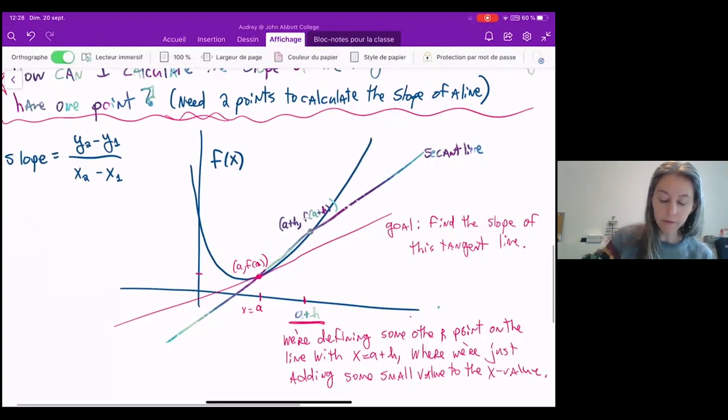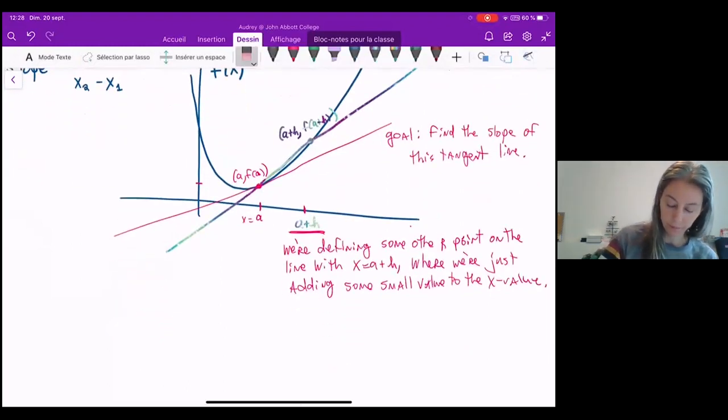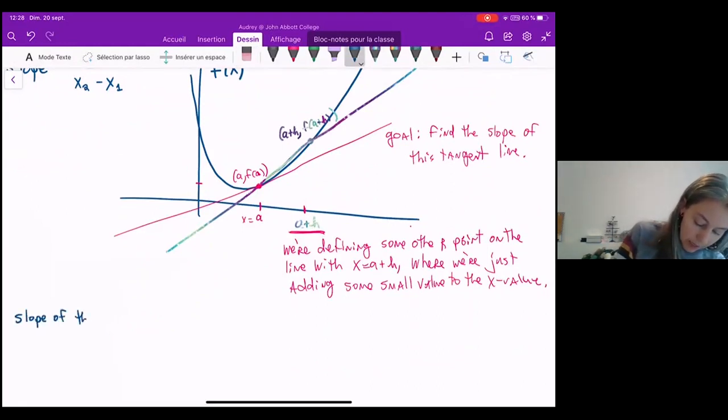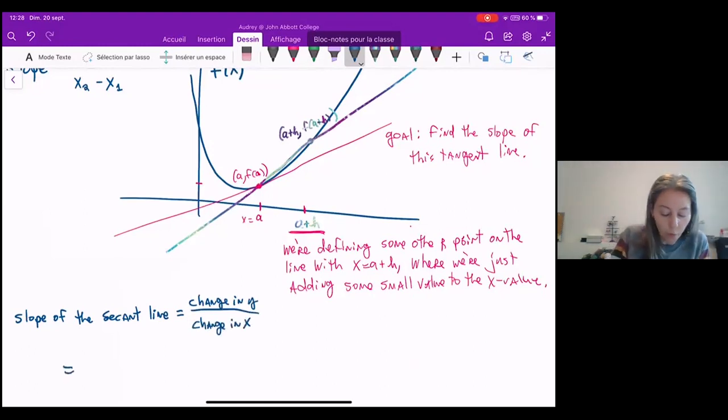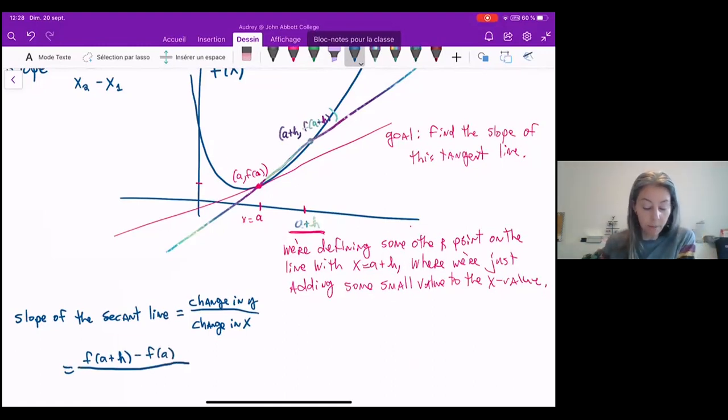So the slope of the secant line is equal to the change in y over the change in x, which in this case is equal to f of a plus h minus f of a, divided by, so that's my change in my y values, then my x value is a plus h minus a.